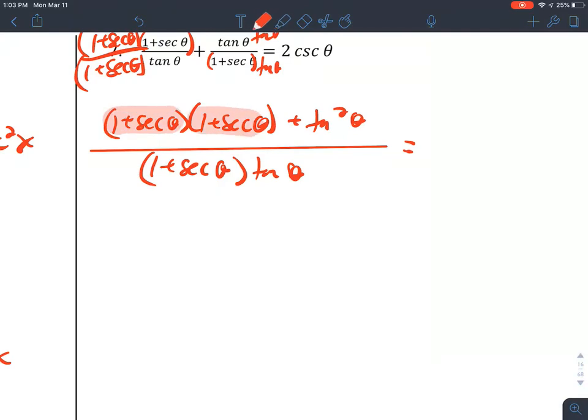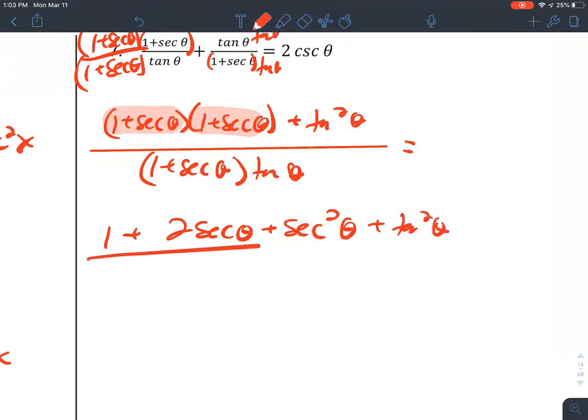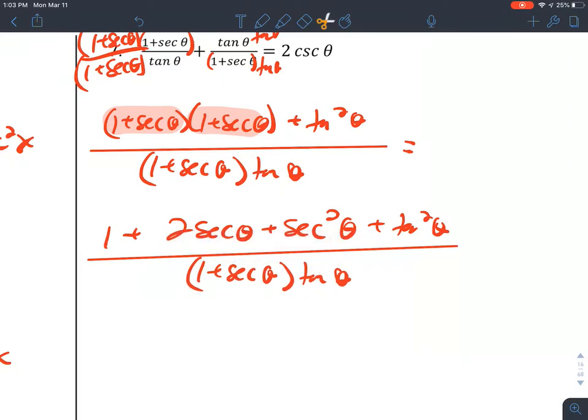This product, multiplying two binomials that are the same, that's going to be a perfect squared trinomial, which is going to be 1 plus 2 times secant of theta plus secant squared of theta. Bring down the plus tangent squared of theta. Bring down my denominator that was before, because I'm going to leave that alone for now.